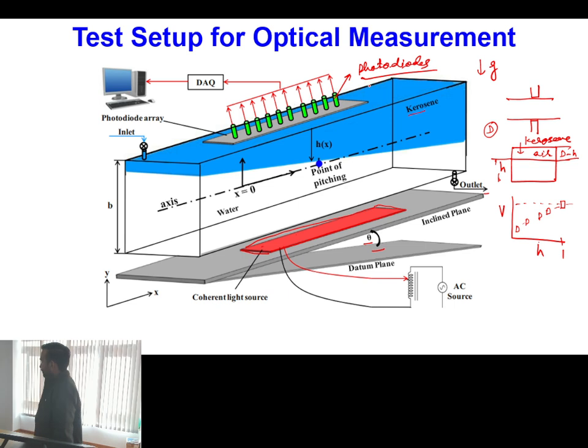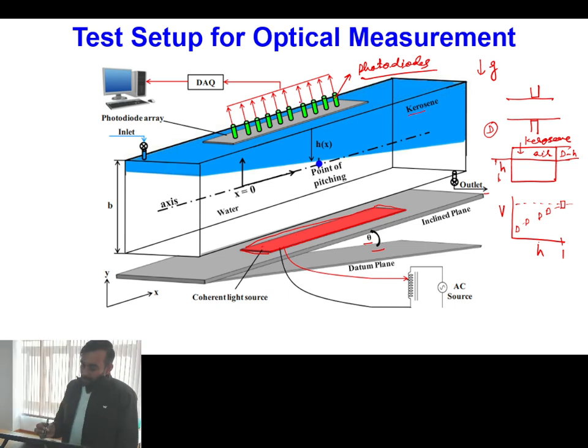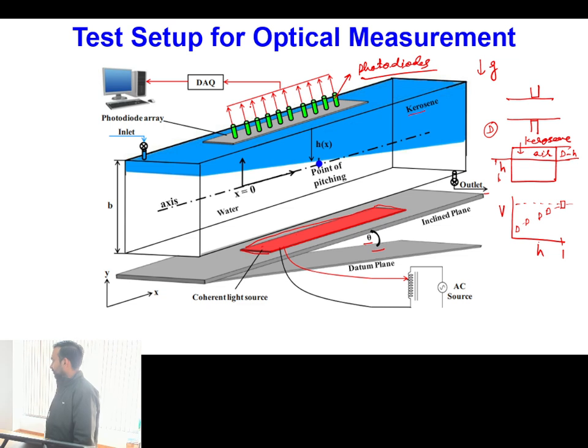This point is clear? All these photodiodes are connected to a data acquisition system so that we can record the voltage data as a function of time. Okay, and of course here the light source is coherent, so we are trying to maintain that the intensity of this light source is uniform. So is this setup clear?